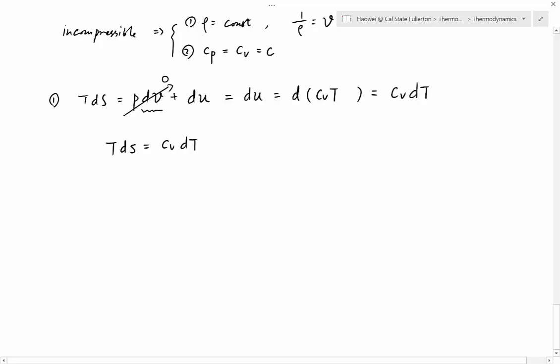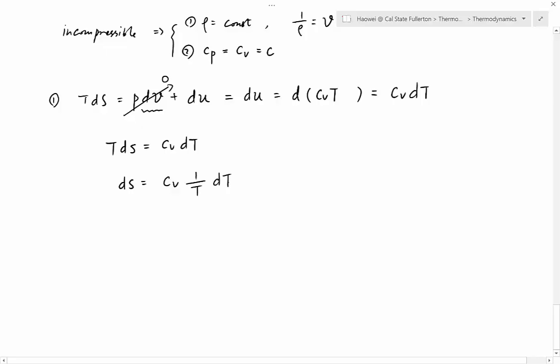Okay, so this is an ODE, ordinary differential equation. This ODE is much easier to solve than the original Gibbs equation number one. How do we solve this ODE? Separation of variables. So we move dS to one side and everything that has T to the other side. So it's Cv times 1 over T times dT.